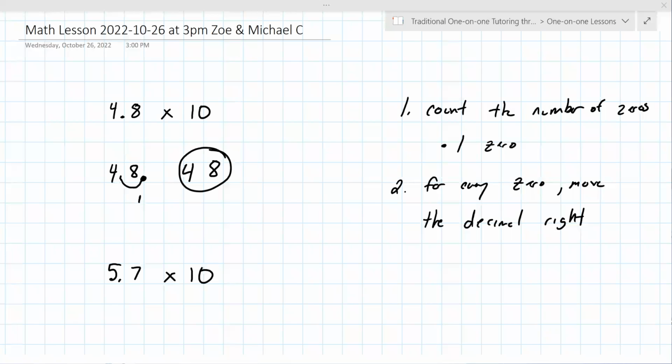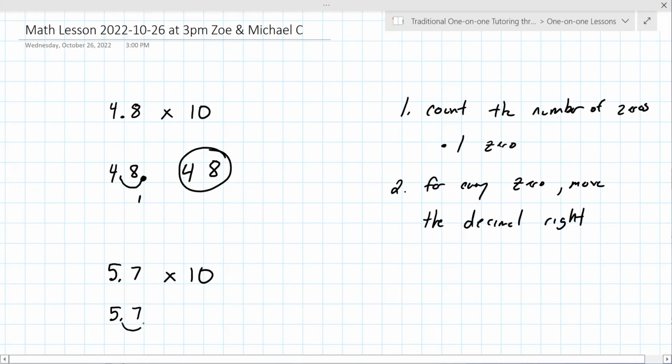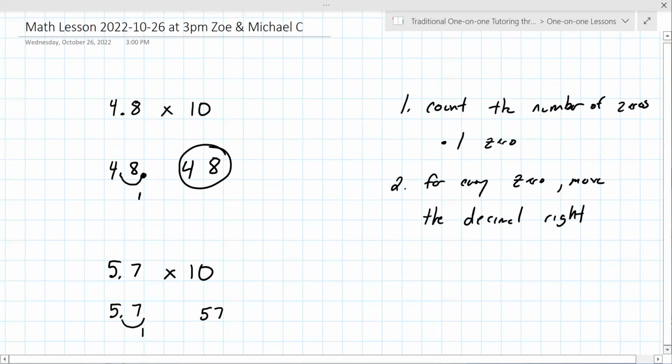Is it 57? Yes, the answer is 57. You're moving the decimal to the right one time, and that's 57. Good.